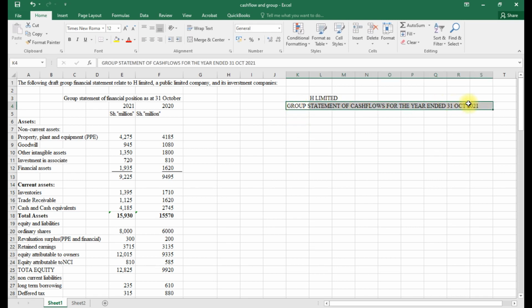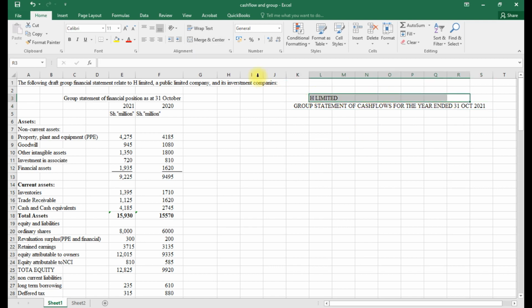And I merge that, and this one I can center, and I bold that.